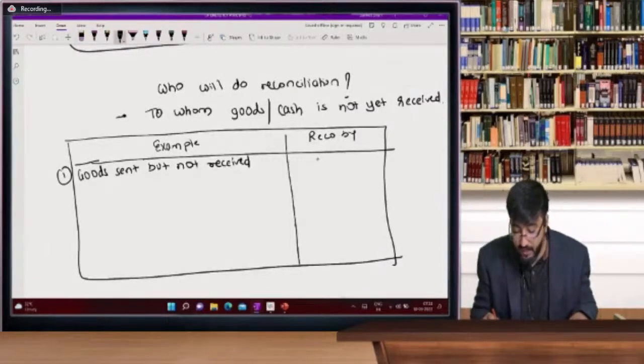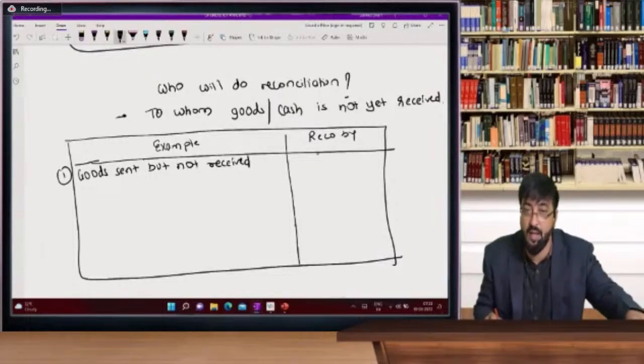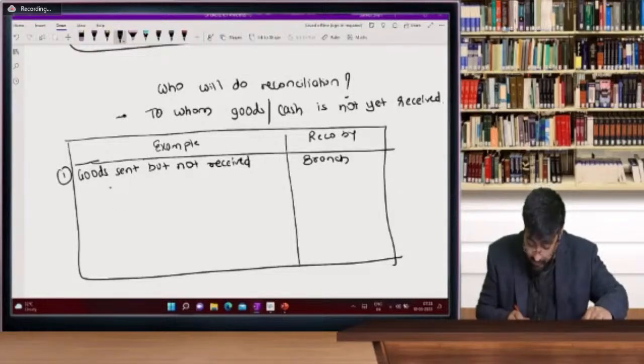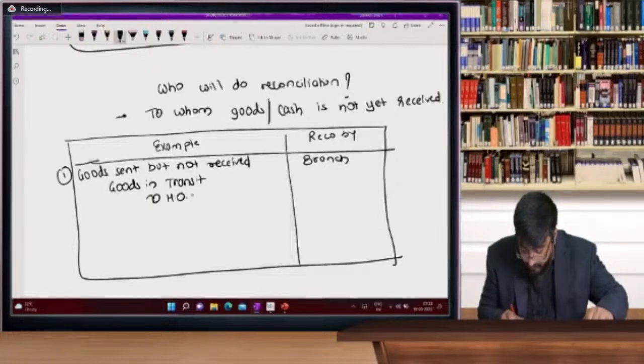Goods sent but not received. Who will do this reconciliation? It will be done by the branch, and recorded by the branch. The entry will be: goods in transit to head office.